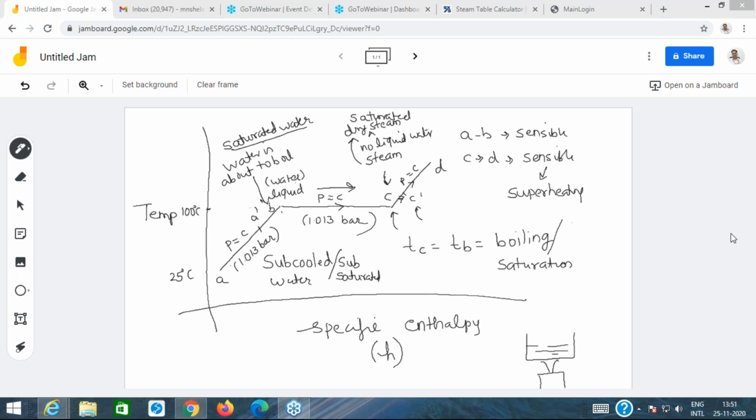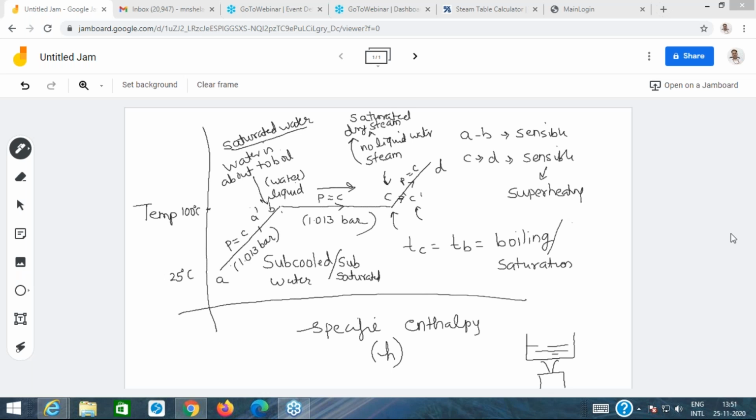If you heat that steam further, the phase transformation has stopped. The steam would now again experience sensible heating. The temperature of the steam would rise, and that sensible heating of the steam is called superheating.